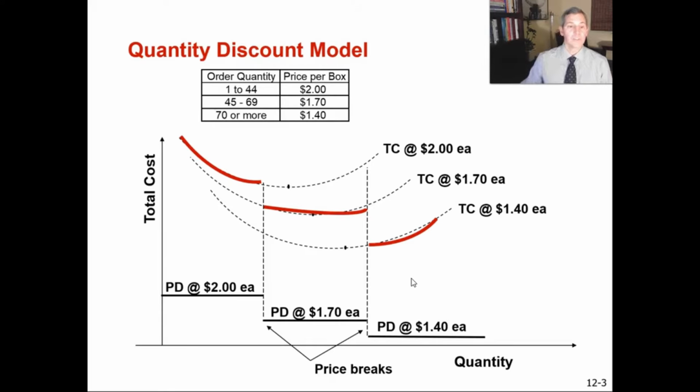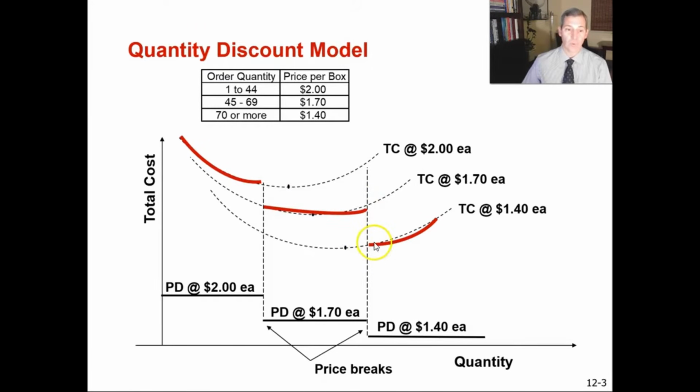So you can see in the little cost curve here that as your purchase quantity goes up, your price goes down. So 1 through 44, you're paying $2 per box. But once you get to 45 boxes, your price drops down to $1.70. Then as you go all the way up to 69 boxes, once you buy 70 boxes, your price drops down to $1.40.